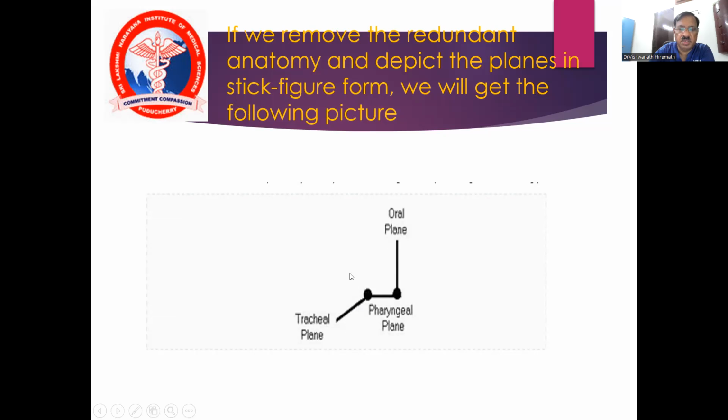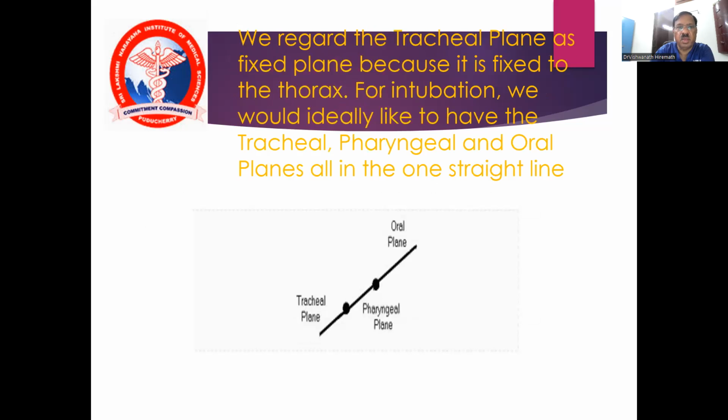The three planes are not in a straight line. The tracheal plane goes obliquely down, then the pharyngeal plane and oral plane. The tracheal plane is a fixed plane because it is fixed to the thorax.